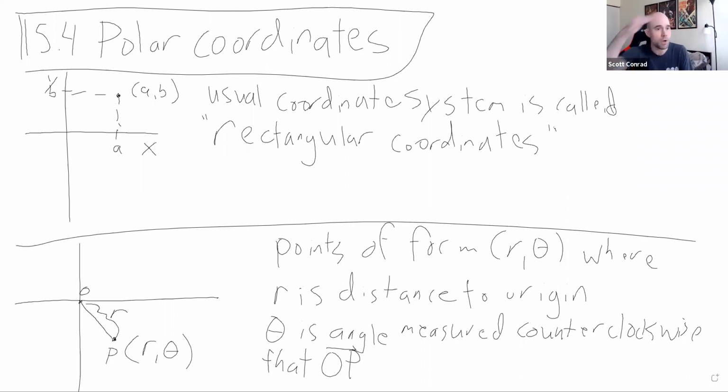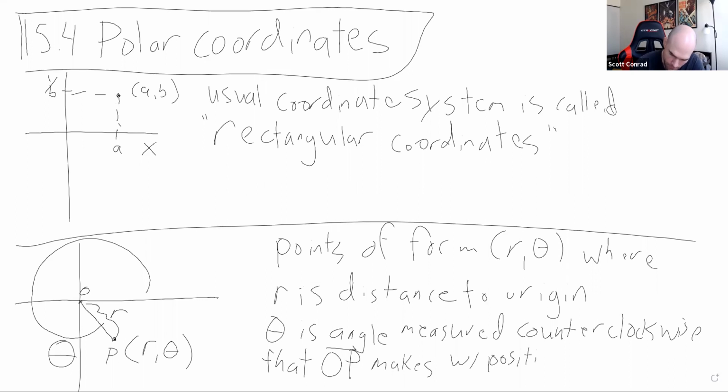So if we look at the line from O to P, the point in question, we need to go around counterclockwise to measure this angle. That's theta. So the angle measured counterclockwise that OP makes with the positive x-axis.